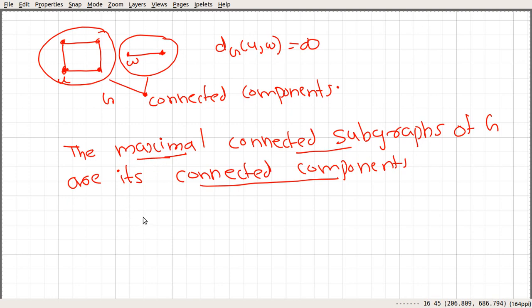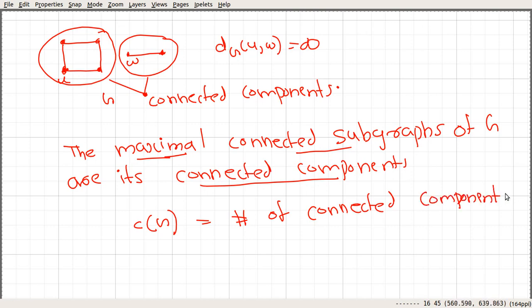And I think one more definition. We use this notation to denote the number of connected components in a graph: C of G, where G is the graph under consideration. It is defined to be the number of connected components of G. For example, if you consider this graph, we can see that there are two connected components.